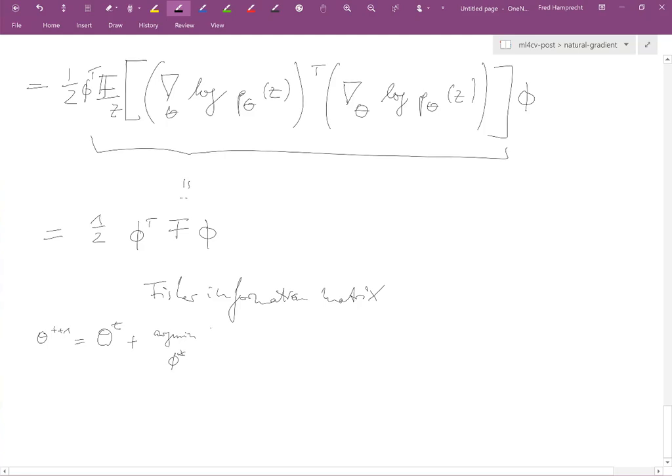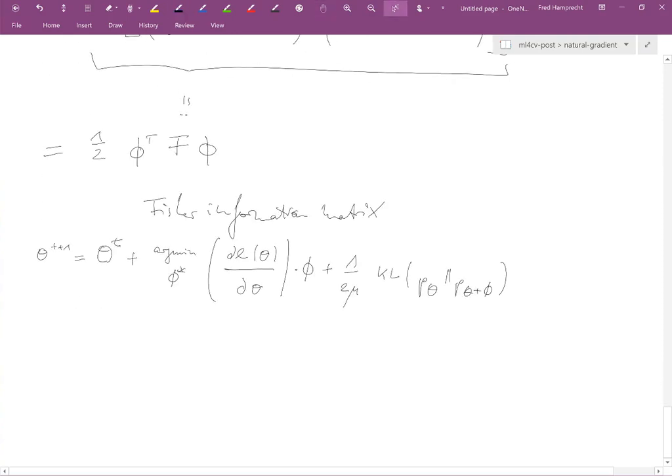Yeah? So we have the argmin of, on the one hand, the loss for a given training set, and on the other hand, the Kullback-Leibler divergence. And this we have now approximated by phi transpose F phi.